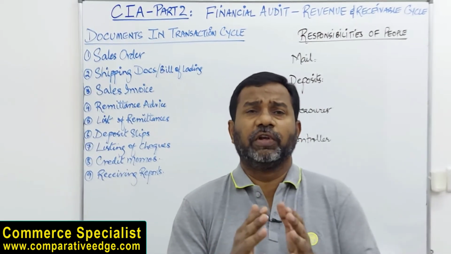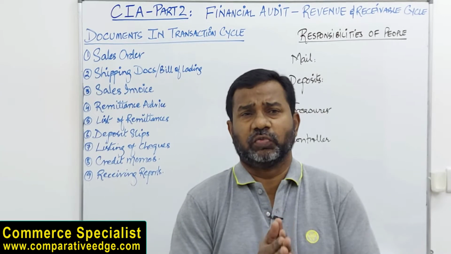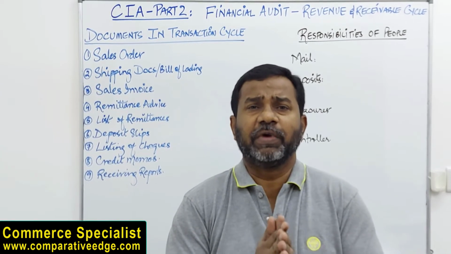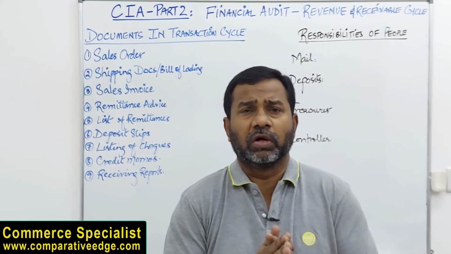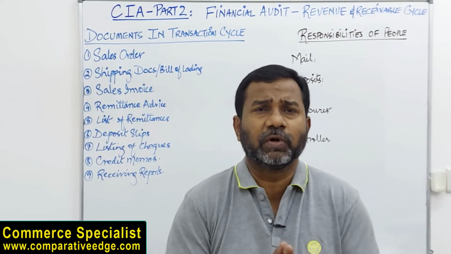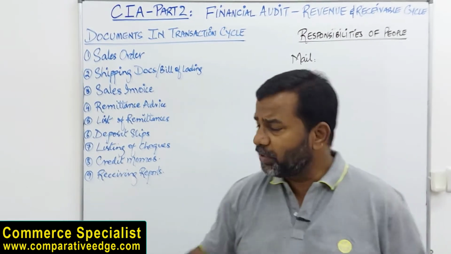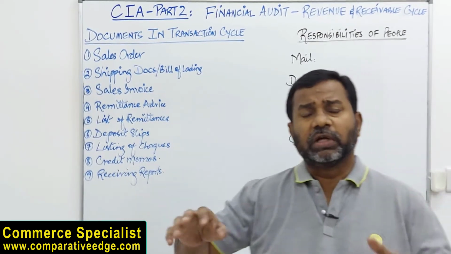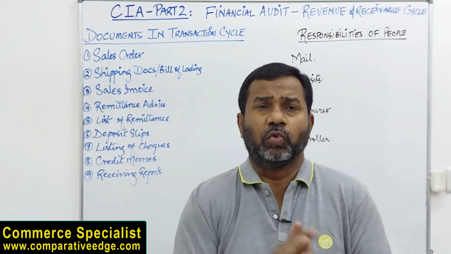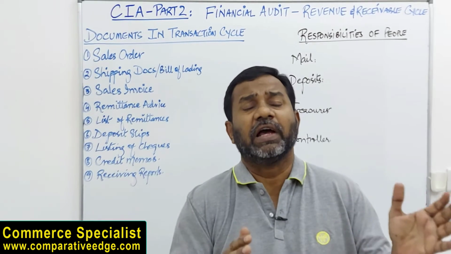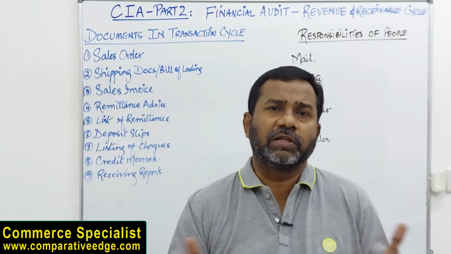Most of the time, we request the customer, once they have sent the payment, whether through a courier or through a bank transfer, to send us a remittance advice. So we need to track the remittance advice which the customer must have sent to us, stating that payment has been made and maybe it's in transit.